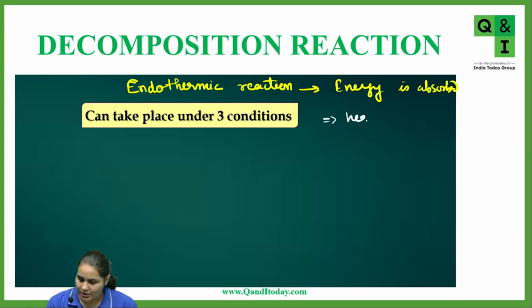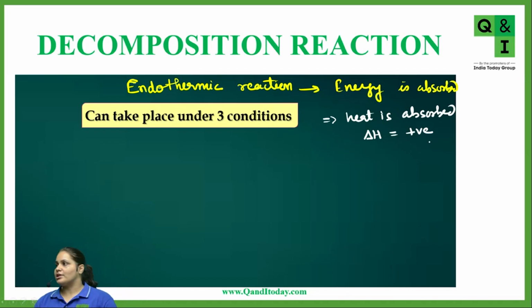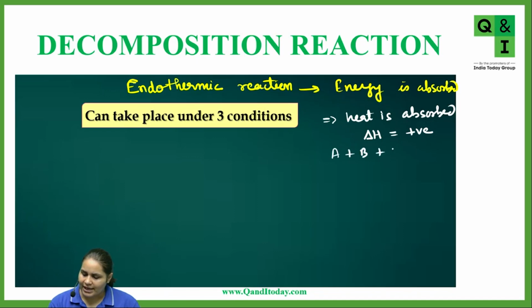In a reaction, when heat is absorbed, we write it like this: del H is equal to positive. Del H is positive. And in the reaction, we write like this: A plus B plus energy, or it can be written as del H is equal to positive.